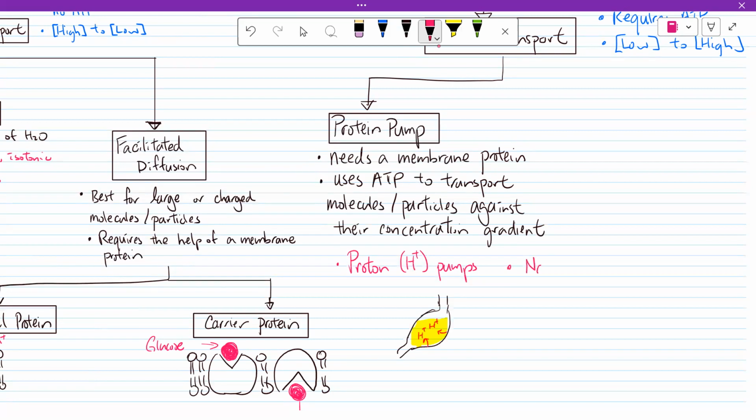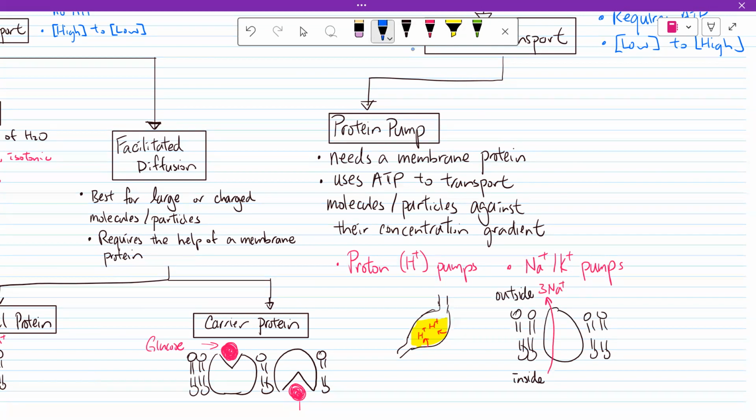The other example I gave you was the sodium potassium pump. I didn't give you too many details about it. But let's say this is the inside and this is the outside. What the pump does is it will pump 3 Na plus outside, and it will bring 2 potassium in.